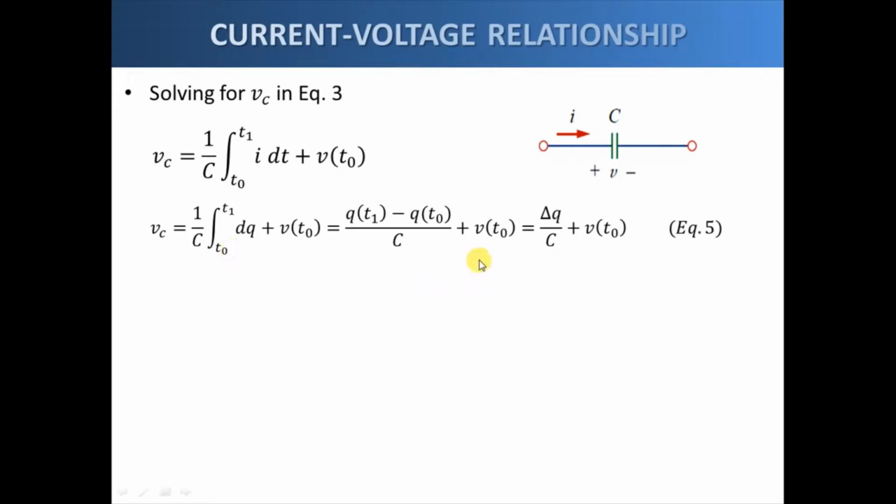Now simplifying this shows us that the voltage across the capacitor is really the voltage due to the change in the accumulated charge plus any initial voltage.